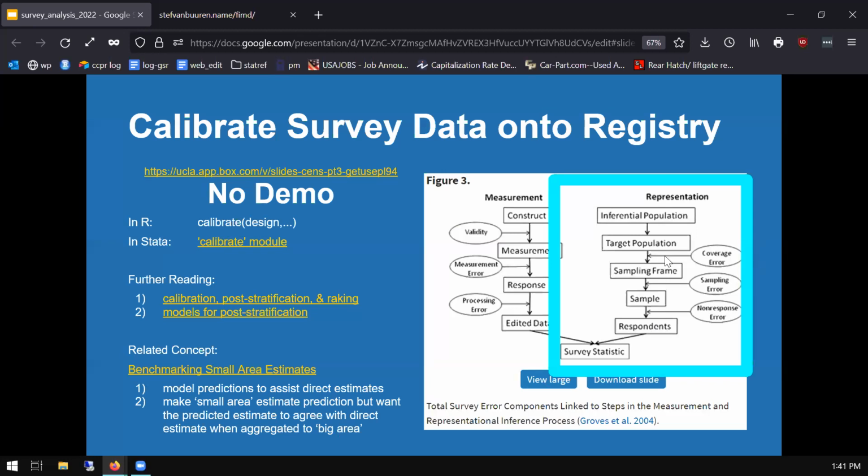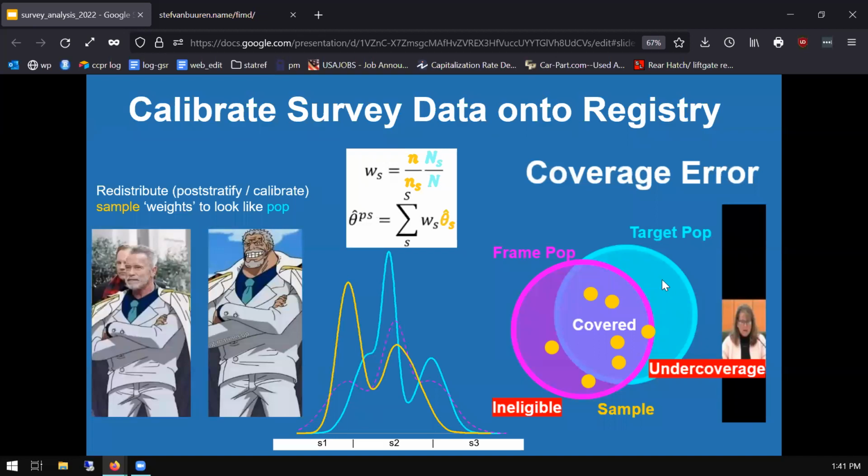When we're focusing on calibration, it's this mismatch between the target population in blue and the frame that you have. Email addresses, if you're Kevin O'Leary, Mr. Wonderful on Shark Tank, with his database of email addresses, you have this purple bubble. Kevin might have people in his email database that he does not intend to make a survey estimate for.